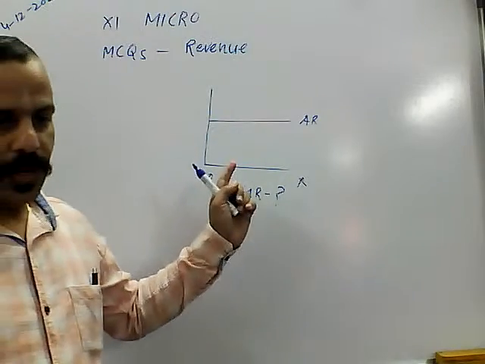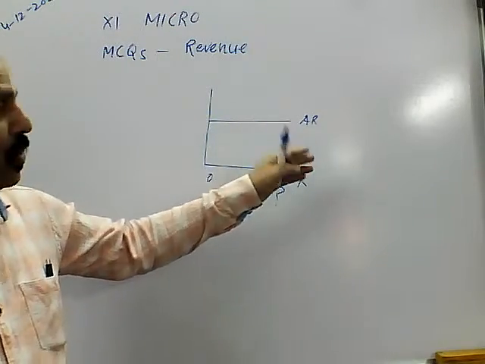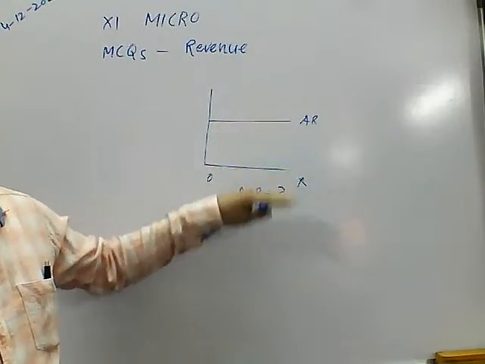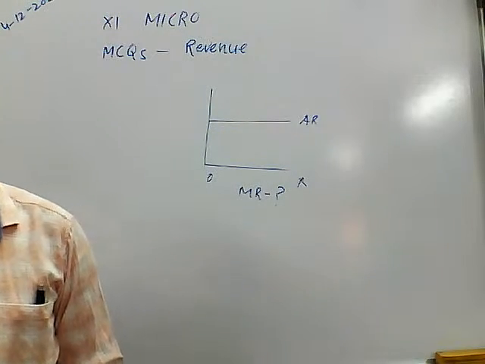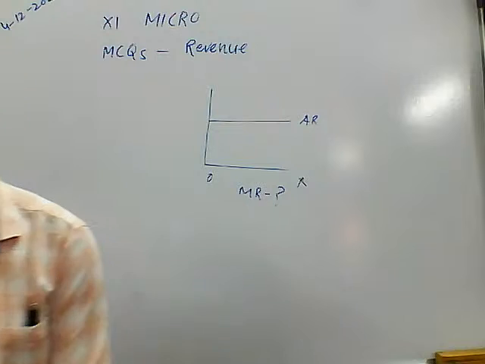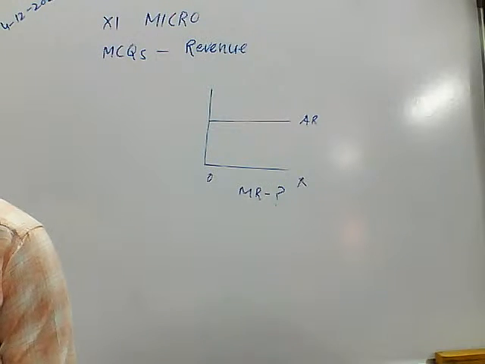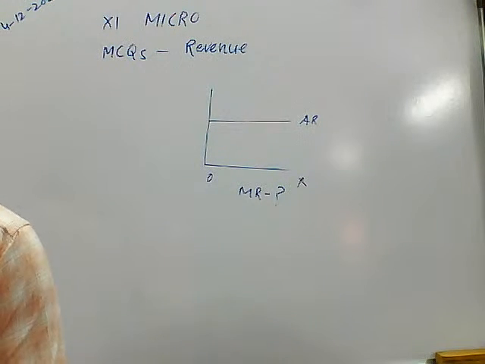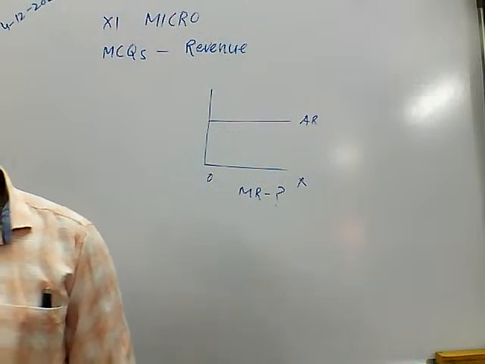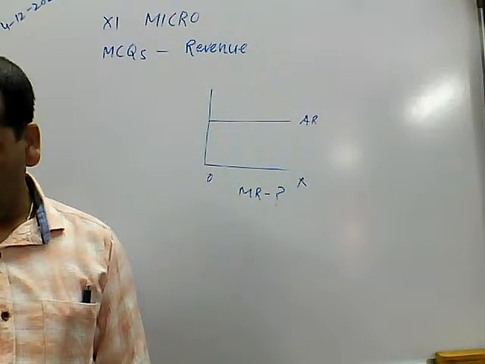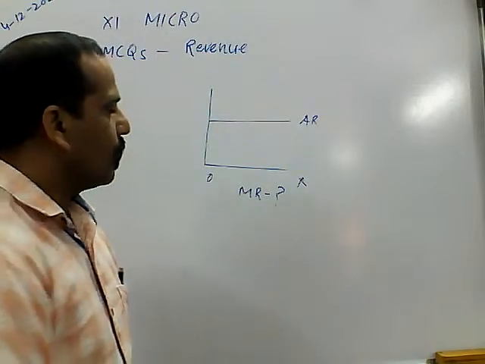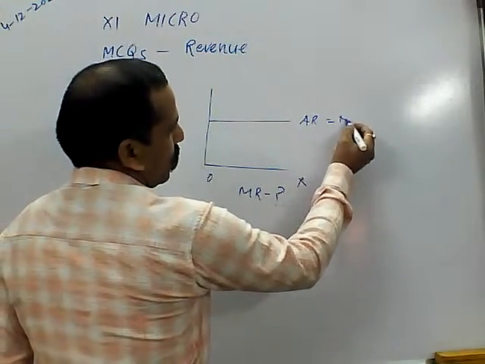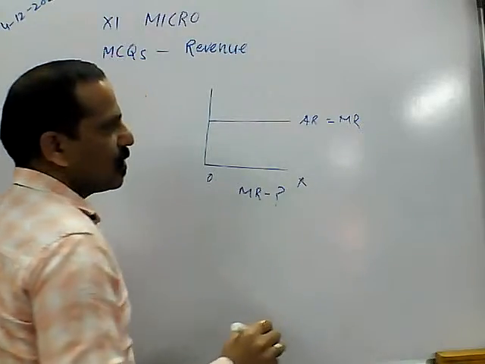I said the average revenue curve is horizontal like this. So what would be the shape of marginal revenue, MR? AR is equal to MR when prices are constant.